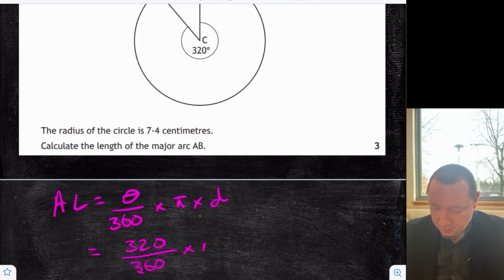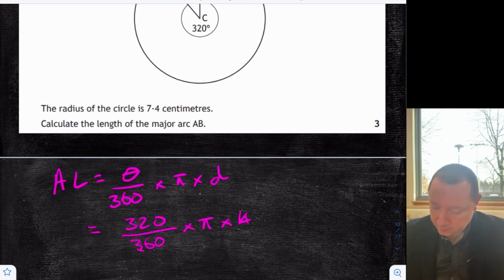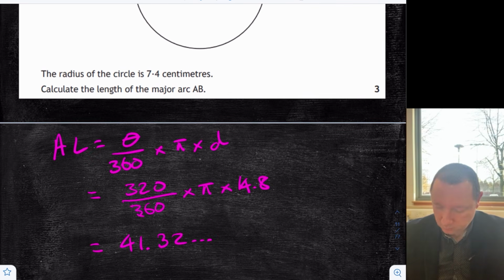And we're timesing by pi, and our diameter, well, it's told us 7.4, so we need to double that, so that is 14.8. Get a mark for writing down our formula. We get a mark for getting our angle, 320 over 360, our fraction, 320 over 360. We get a mark for our final answer, which worked out at 41.32 centimetres. And we're done there.